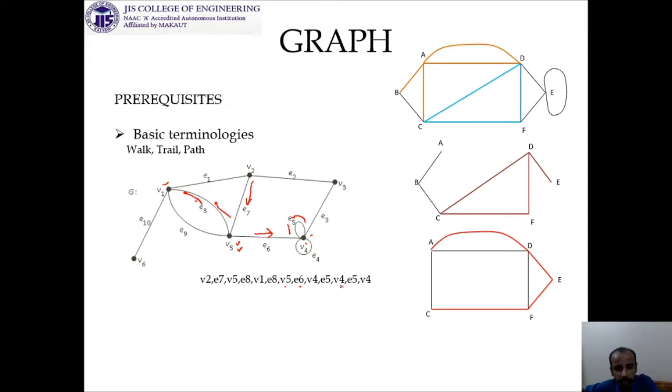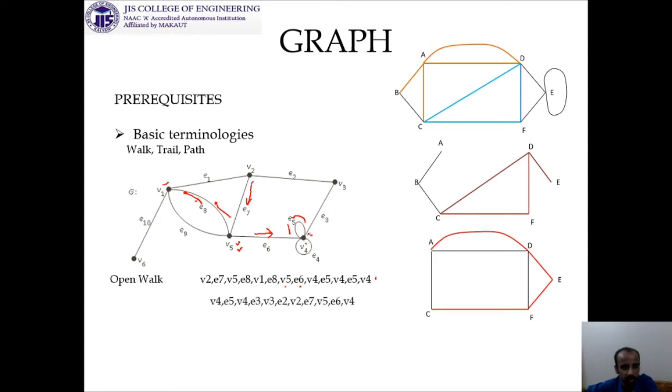So again V4 will come and we stop here. So what is this? This is nothing but an open walk, because it started from V2. We have maintained all the criteria for being a walk, and we ended at V4. It is open ended, so it is an open walk.